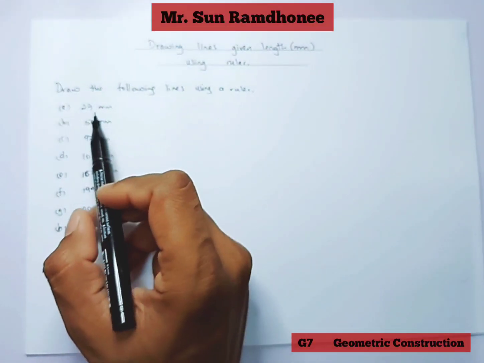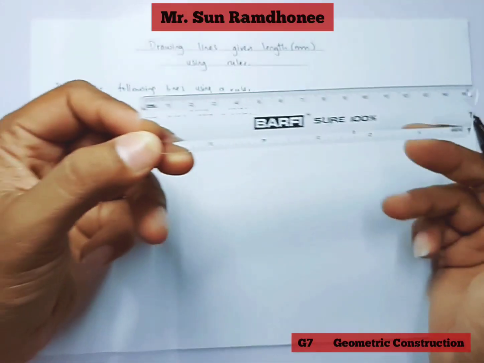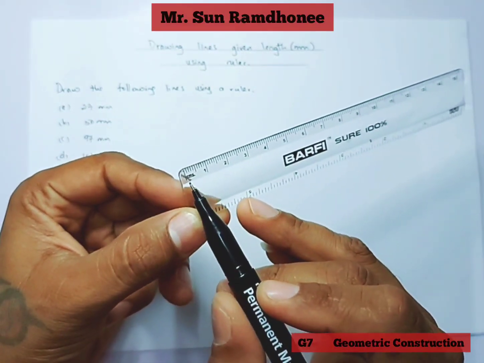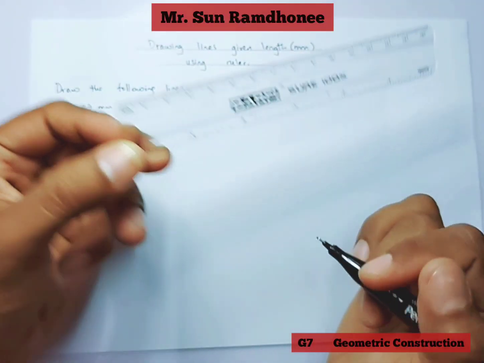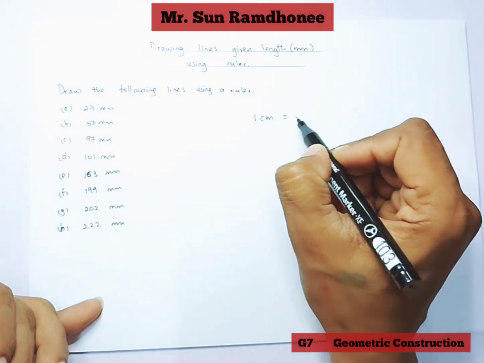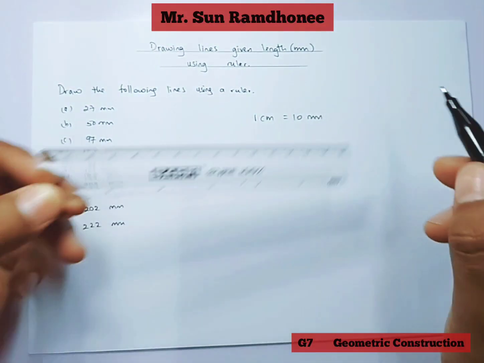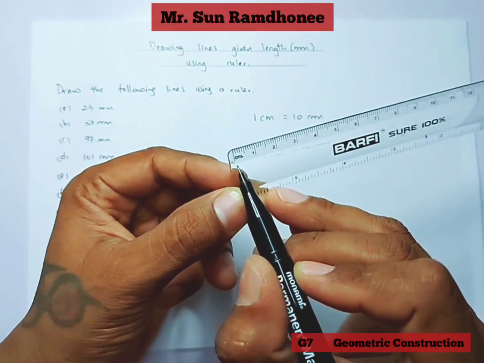Here we have the dimensions in millimeters, but when we refer to our ruler, the dimensions are in centimeters. We know that 1 centimeter is equal to 10 millimeters, which means that the number of divisions from 0 up to 1 is 10.